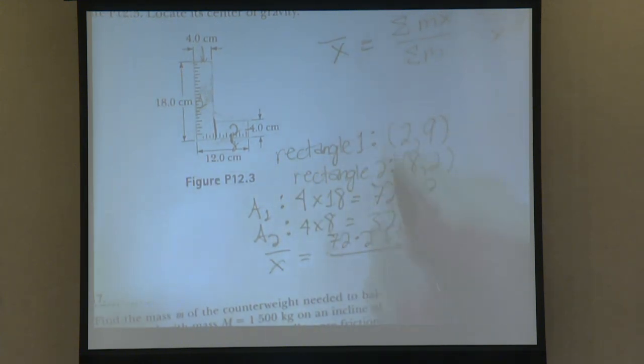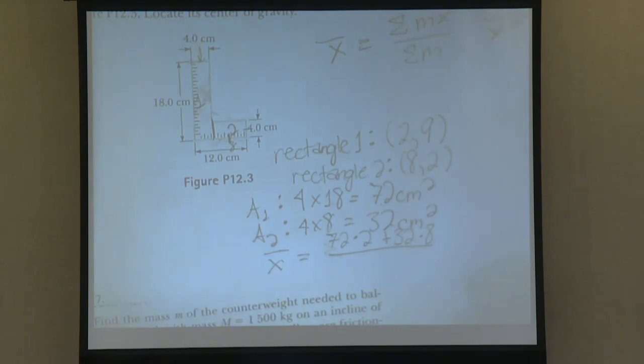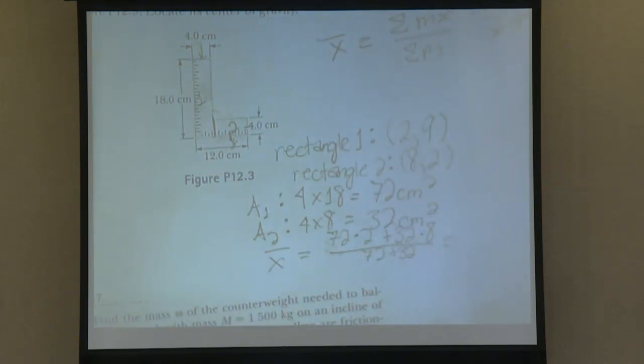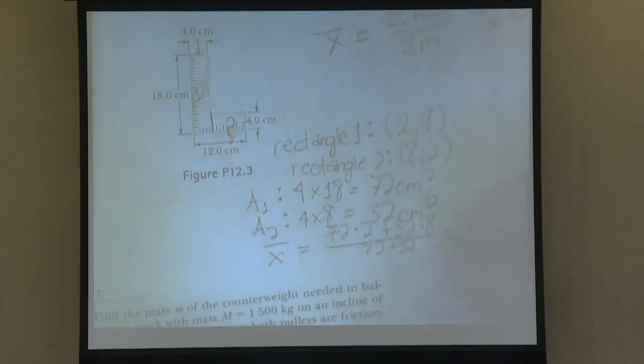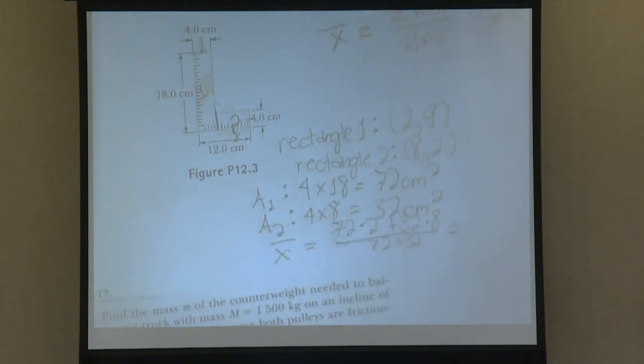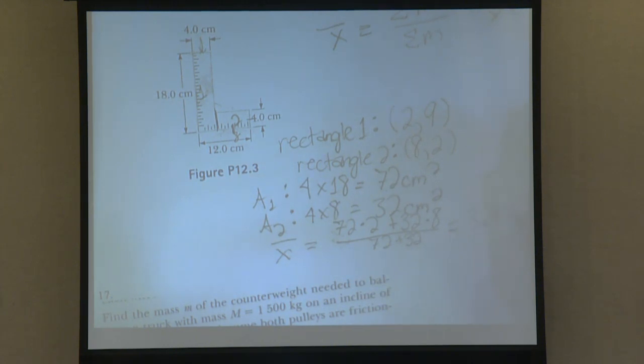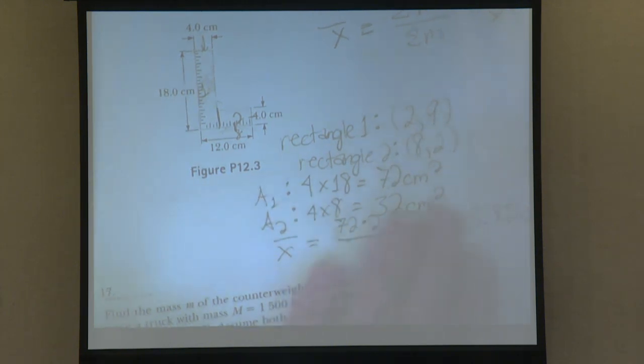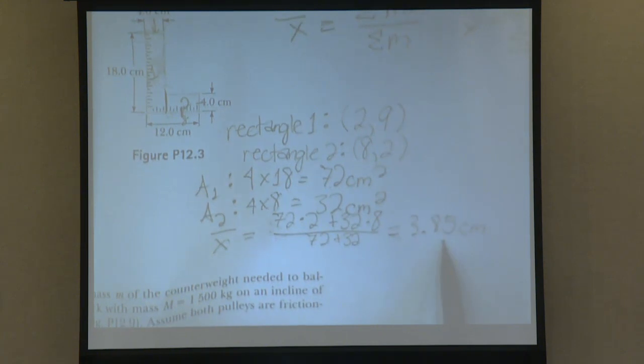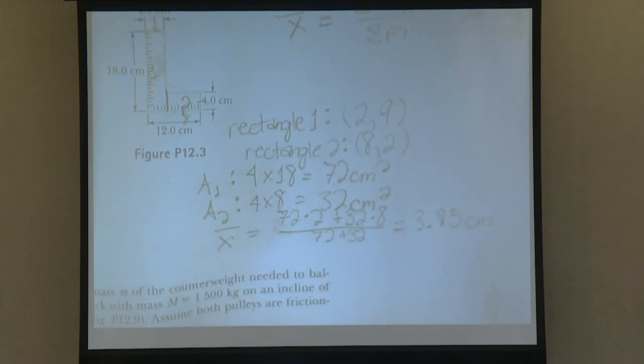And then all of that over their areas added together, so 72 plus 32. Okay, so that is going to be equal to 72 times 2 plus 32 times 8 divided by 72 plus 32, 3.85 centimeters. Okay, so our center of mass for our x coordinate is 3.85 centimeters.